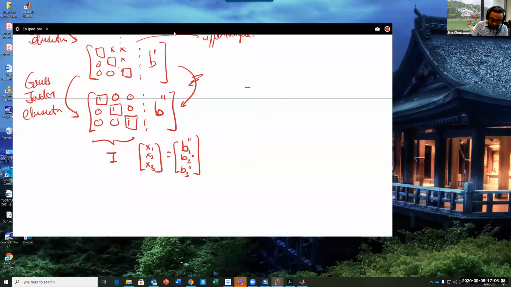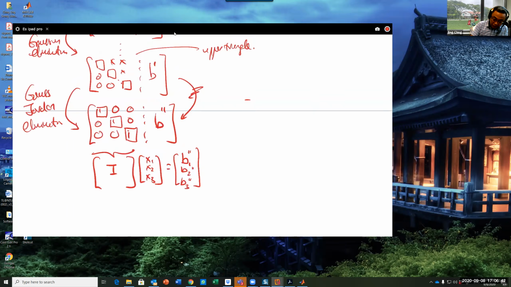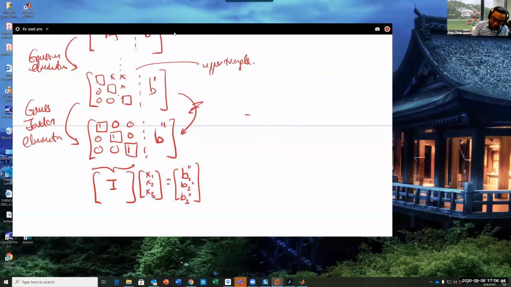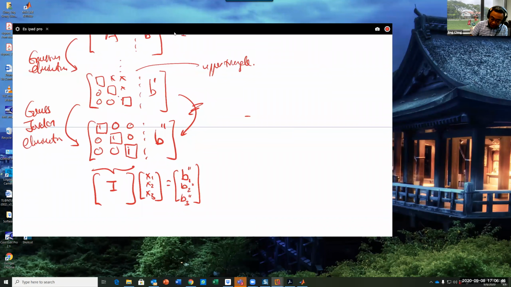But hey guys, we started with Ax equals B, and now we have Ix, the vector, equals B prime. How did we go from here to here? If we have Ax equals B, and we left multiply by A minus 1 on the left, then don't we get A minus 1 Ax?